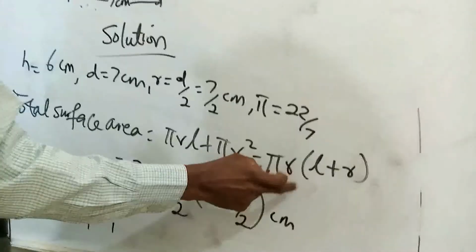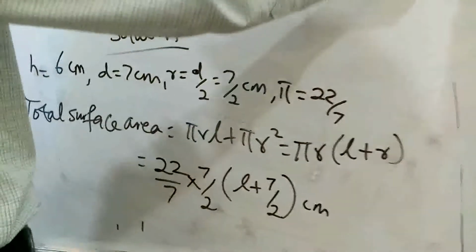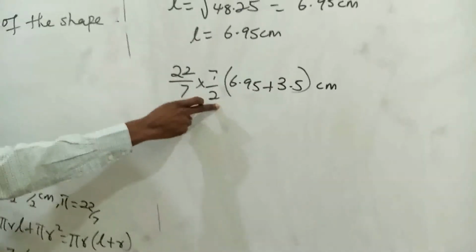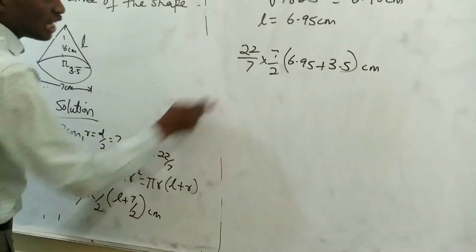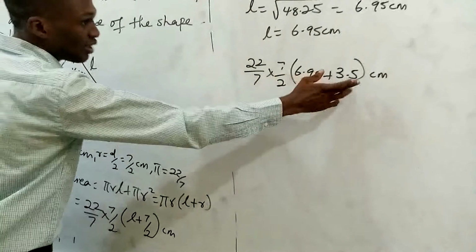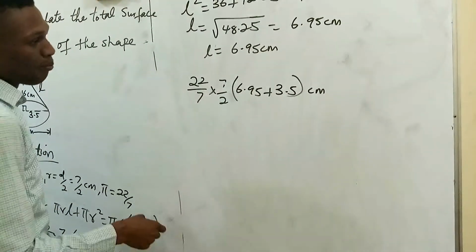I'm applying the formula for total surface area, pi r into bracket L plus r. So we have pi 22/7 times r, 7/2, into bracket L. We now have our length as 6.95, then plus r again, 7/2, which if we divide 2 we have 3.5.